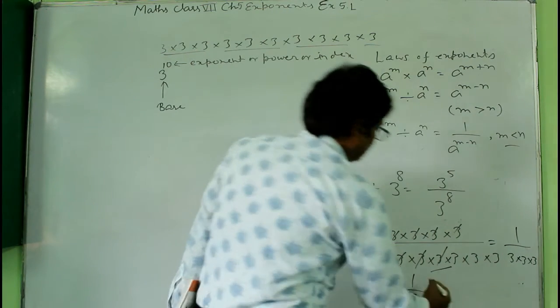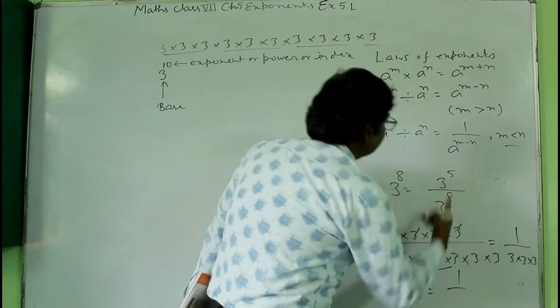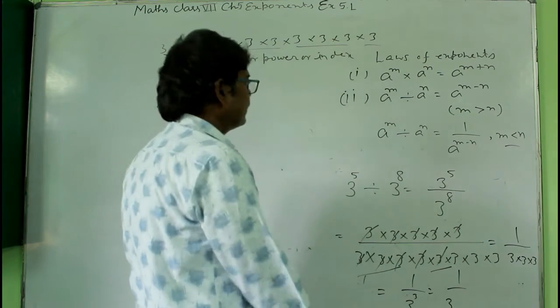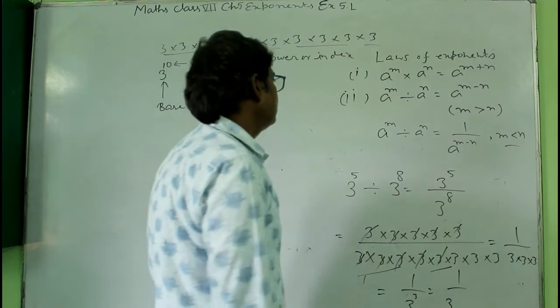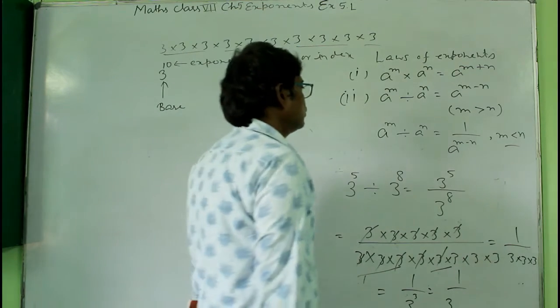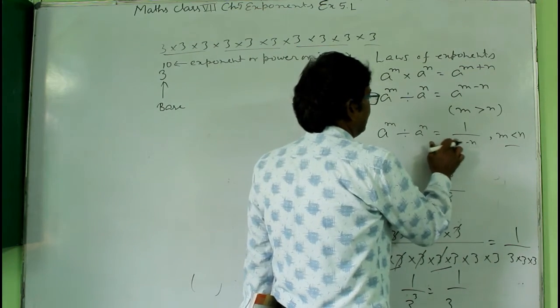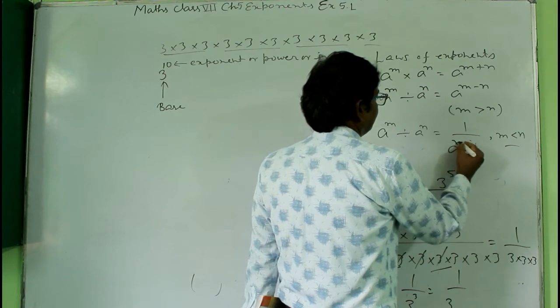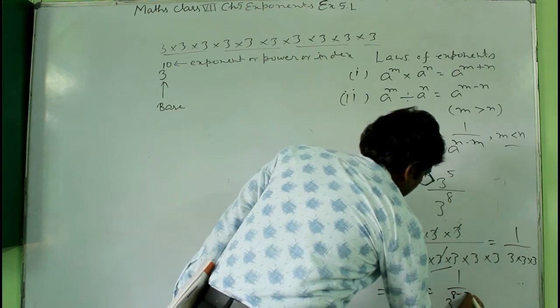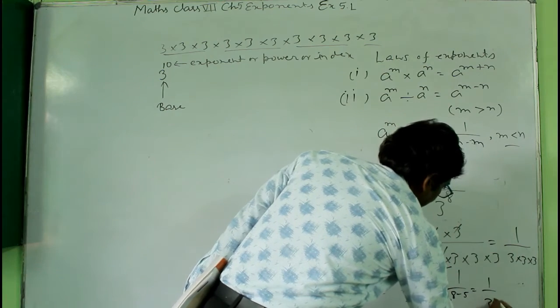So what do you see here? It is actually 3 to the power 8 minus 5, that is 1 by 3 to the power 3.